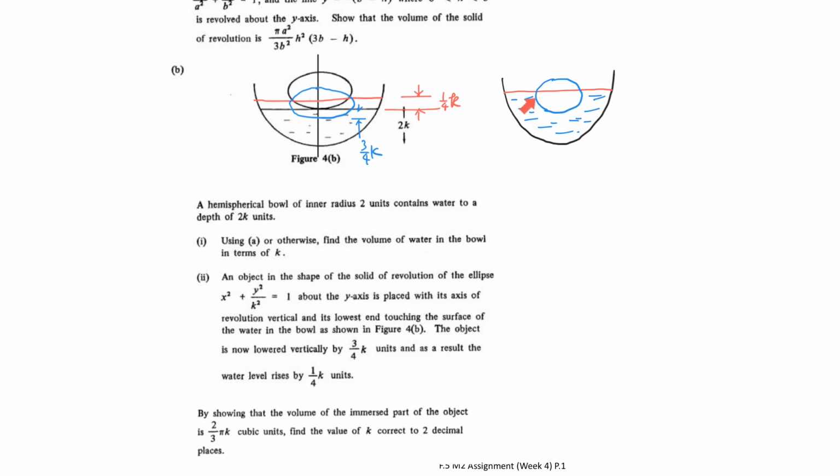The way of solving this part B2, find the value of K. First of all, you need to show the volume of the immersed part is this. To show this, I just apply the result here.